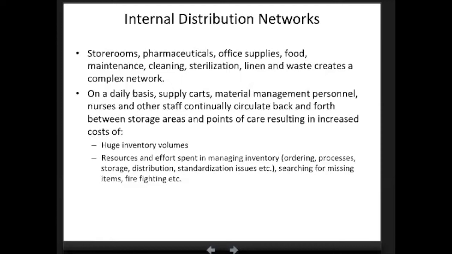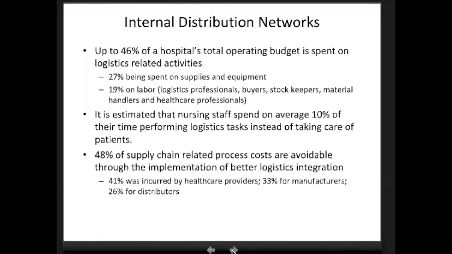And this creates high cost situations because of high inventory volumes of different items and the resource and effort needed to manage inventory, whether in ordering, storage, distribution, as well as searching for missing items. So many times nurses who are meant to take care of the patient have to spend their time searching for these missing items, which costs the healthcare organization.